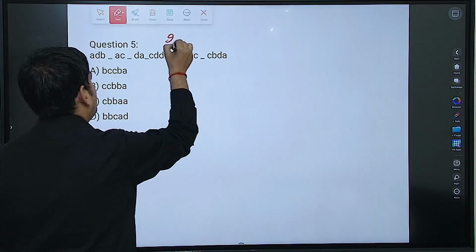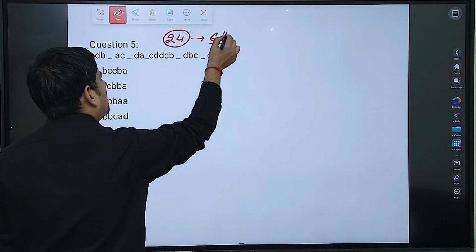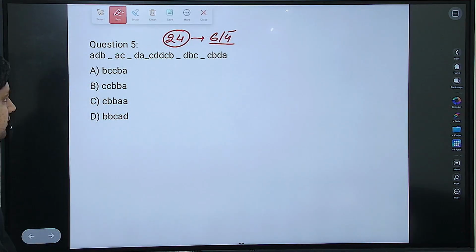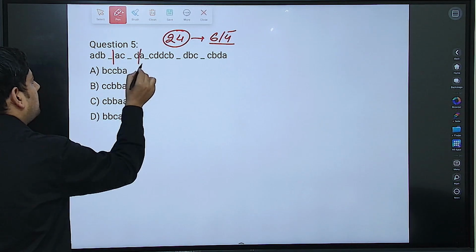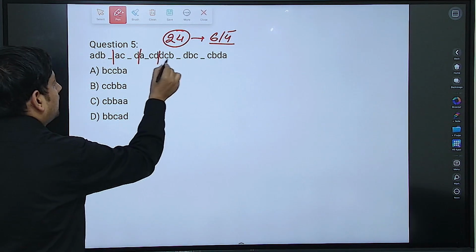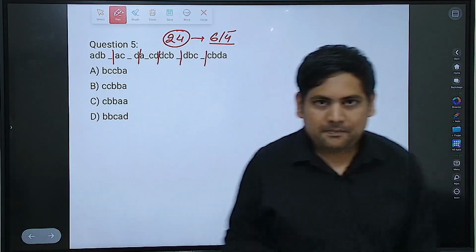Okay, so there are 24 letters. That means groups of 6 or 4. Okay, 6 or 4. Now, let's make groups of 4. So, 4, then 4, then 4, then 4, then 4, then 4. That's it. This will be our group.